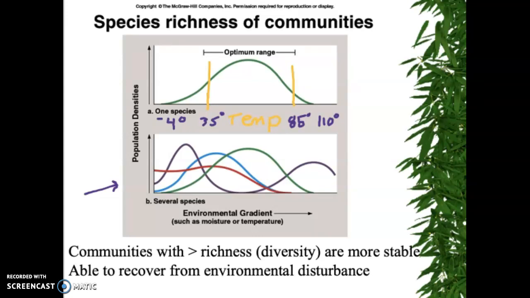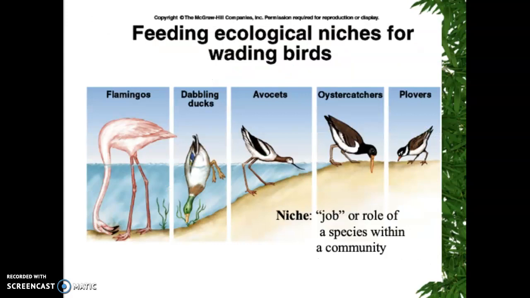So what we see over time, over thousands and hundreds of thousands and millions of years of existence, species have evolved what we call niches. What is their job? I've been throwing this term out at you guys, wanting you to get familiar with this.